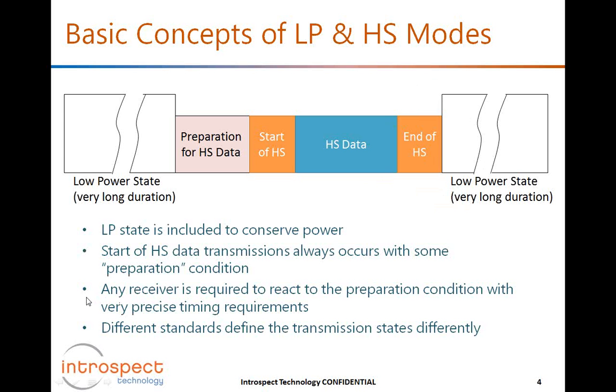As we say in the second to last bullet here, there are very strict timing requirements imposed by the standards to help interoperation, and these will be described briefly in the next few slides. And then finally, I described here a very basic concept of low power and HS modes.